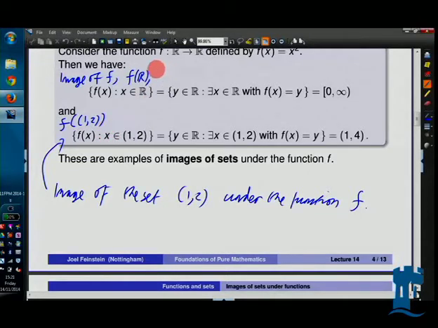The top one, where you applied it to the whole of the domain, is what I think you call the range of f in calculus. I avoid the word range because of a clash with what they do in Cambridge, but it's called the range of f in D11 Calculus. You apply it to the whole of the domain and see what you get. Okay, so that's what the image of a set is.